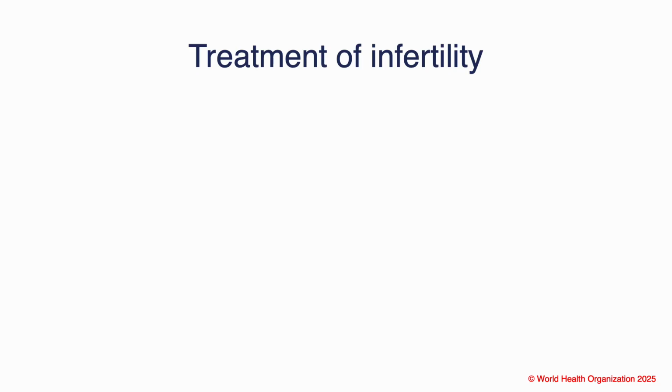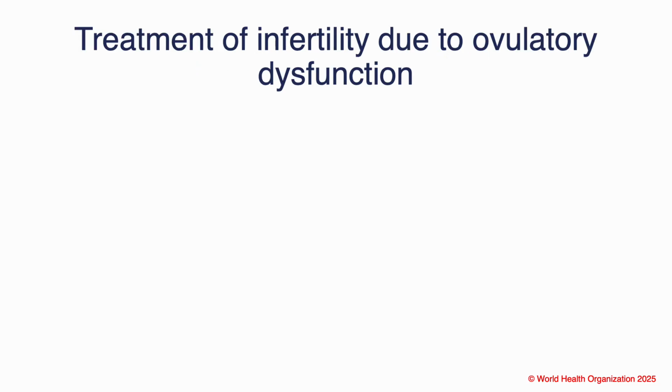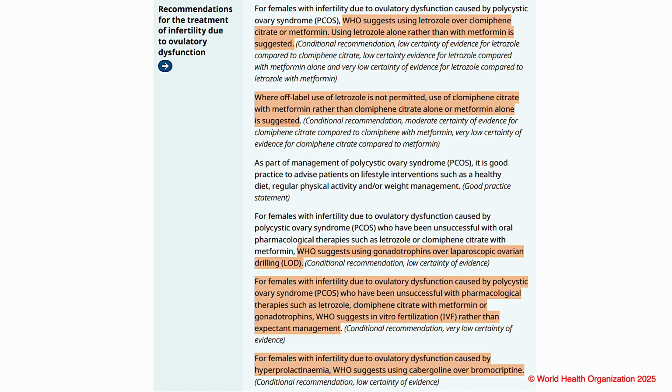Treatment of infertility. So WHO suggests using letrozole over clomiphene citrate or metformin in case of anovulation due to polycystic ovarian syndrome. Using letrozole alone rather than metformin is suggested.